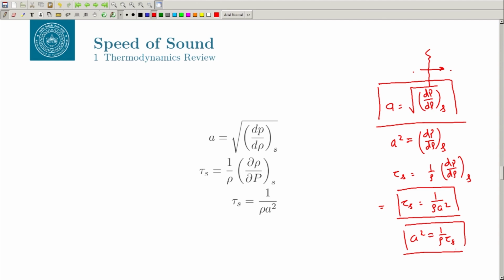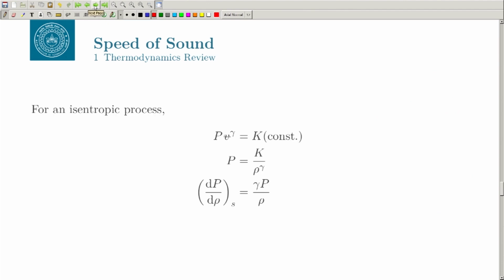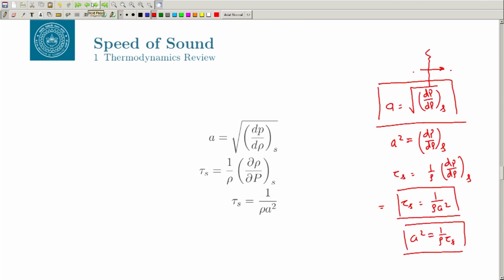Now, going forward, how do we determine this tau s or A square? We know that tau s is d rho by dP, not dP by d rho. That is why there is a problem here.